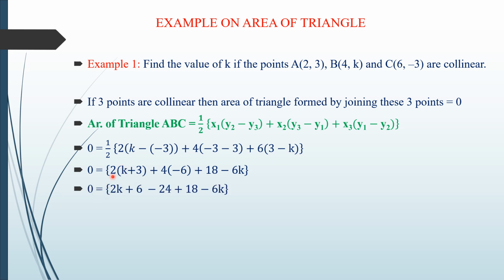Now when I take this 2 inside this bracket, 2 into k is 2k, plus 2 into 3 is 6, and 4 into -3 is -12, plus 18 and minus 6k. 0 is equal to 2k, and when I add all the terms here, that would be 6 minus 12 plus 18 minus 6k. Therefore 0 is equal to, when I simplify this, -4k. Therefore k is equal to 0, which means if k value becomes 0 here, then these 3 points would be collinear. In that case, the area of that triangle would be equal to 0.